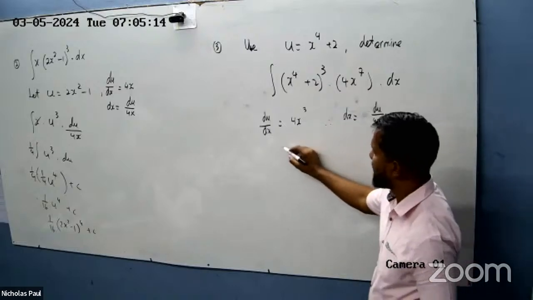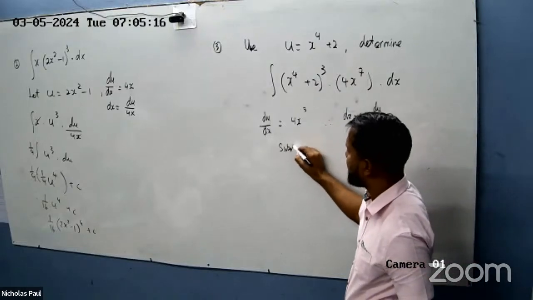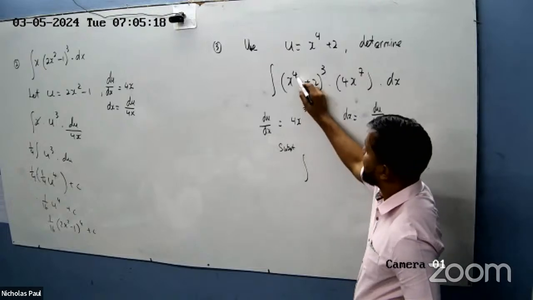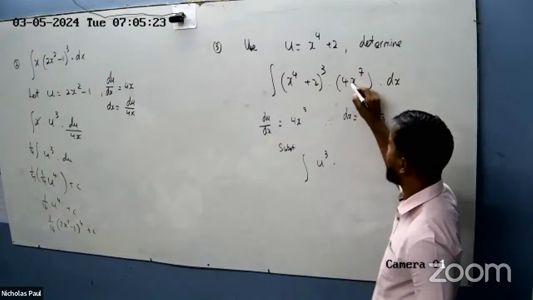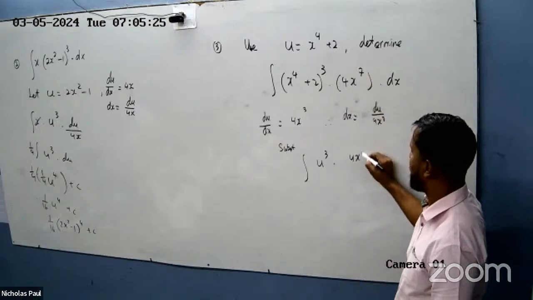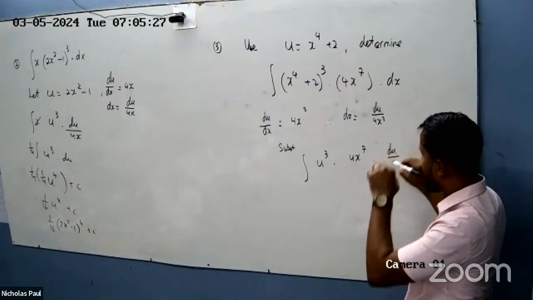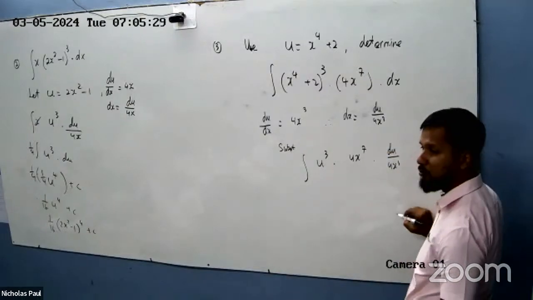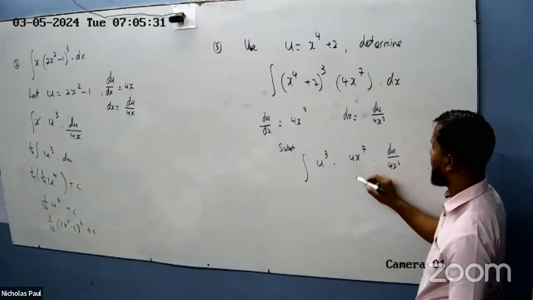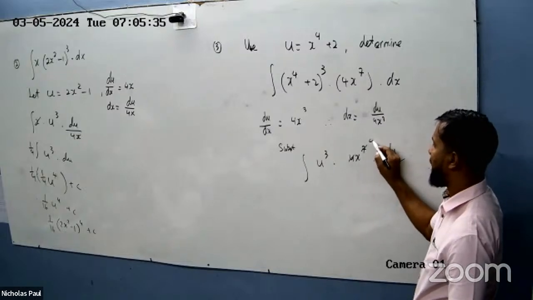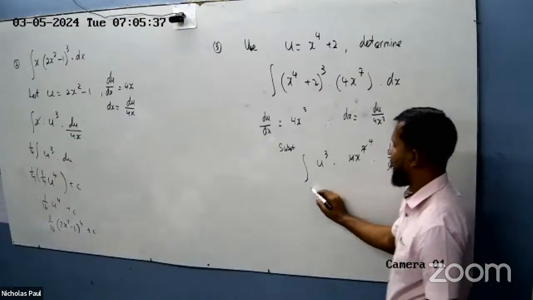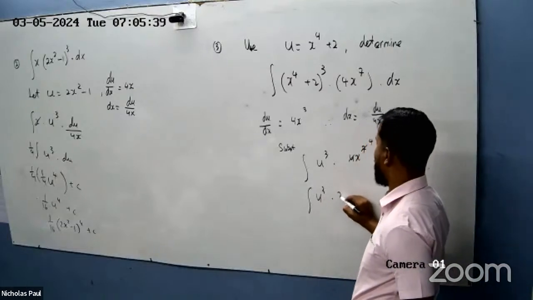So when you substitute, we're going to get a slight problem. x to the fourth plus 2 is u cubed by 4x to the 7 by du over 4x cubed. What will happen here? This will cancel with this, and you'll end up with u cubed by x to the 4.